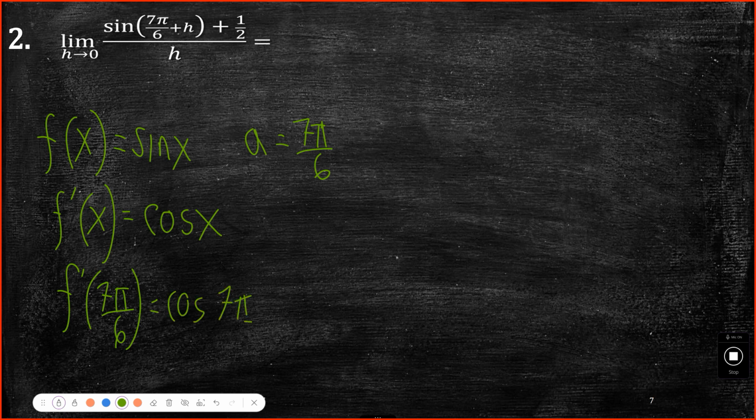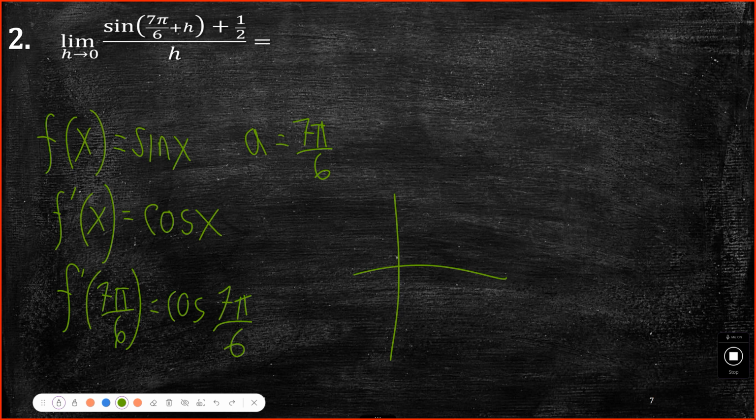And so you're on the AP exam and you're like, I don't know, I never learned cosines and sines. So let me show you how to do this so easily.